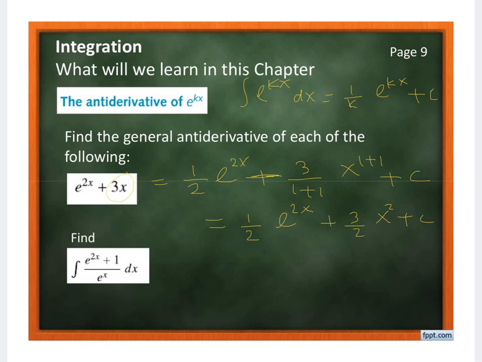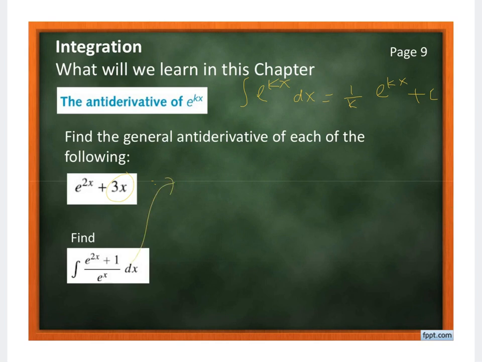And then another, for number 2. For this one, make sure this one goes up to make it easier. So e to the 2x divided by e to the x means minus, this one going up becomes a minus.